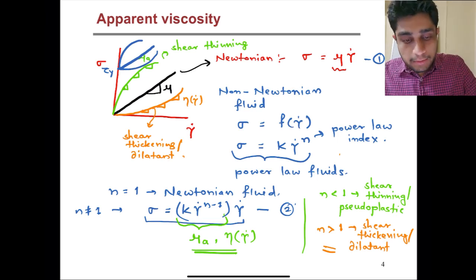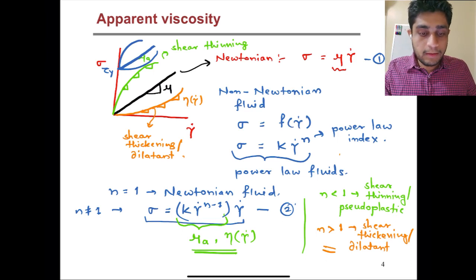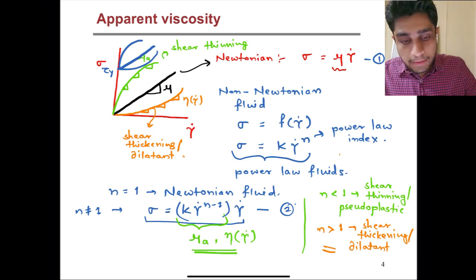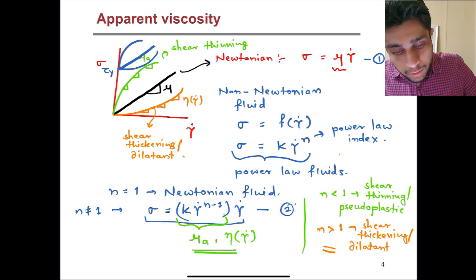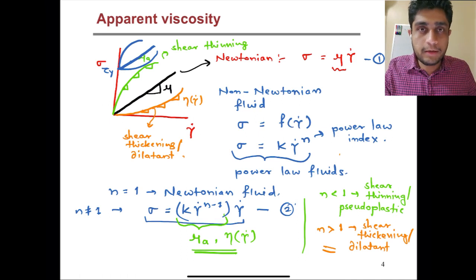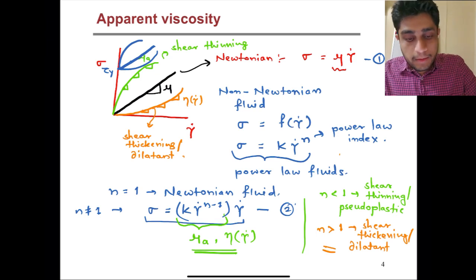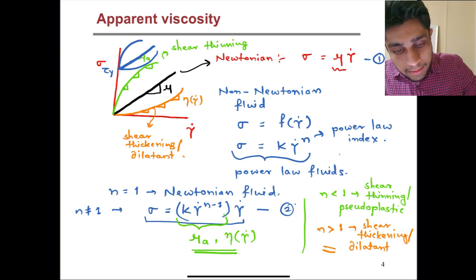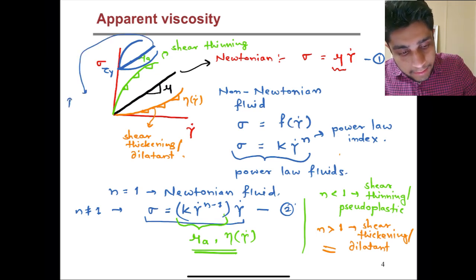So depending on which kind of flow it shows after applying the yield stress, if its viscosity is constant, or if its shear stress is a linear function of shear rate, then it is called a Bingham plastic.